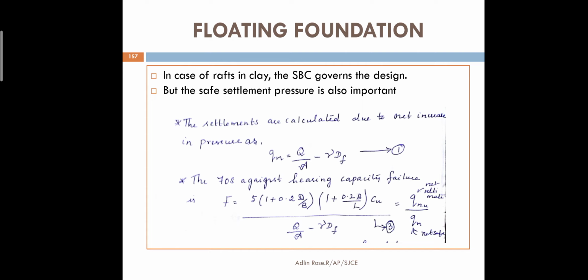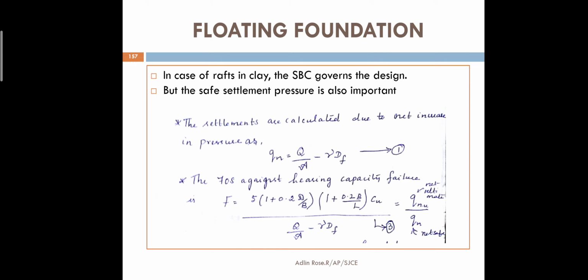If you recall the second unit, how do we find SBC? Net safe bearing capacity is equal to load by area, Q by A, minus gamma D. So Qn is equal to Q by A minus gamma Df. This is the first equation.